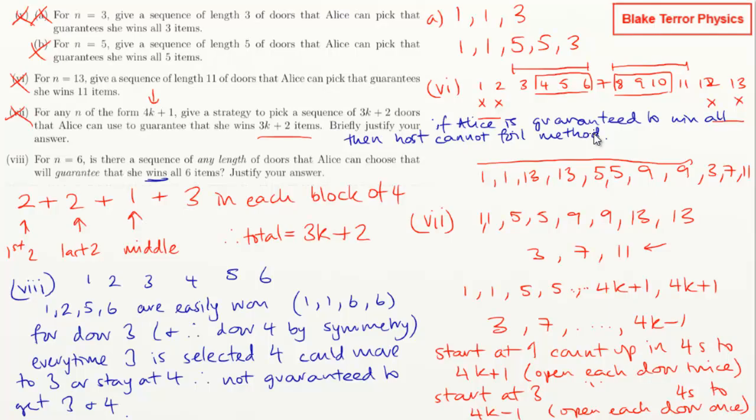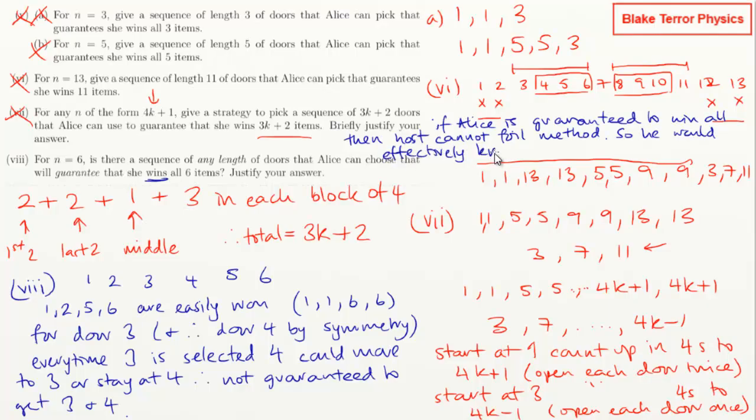But then, actually, that's exactly the same thing, isn't it? I don't really know that there is much more to say on this. The host cannot foil the method. So if he'd know in advance, he'd be able to say what she's doing next. Yeah, so he would effectively know. Yeah, this works out better.